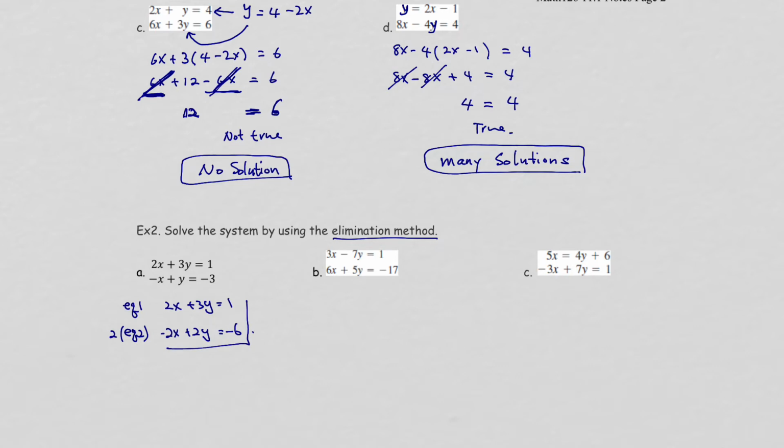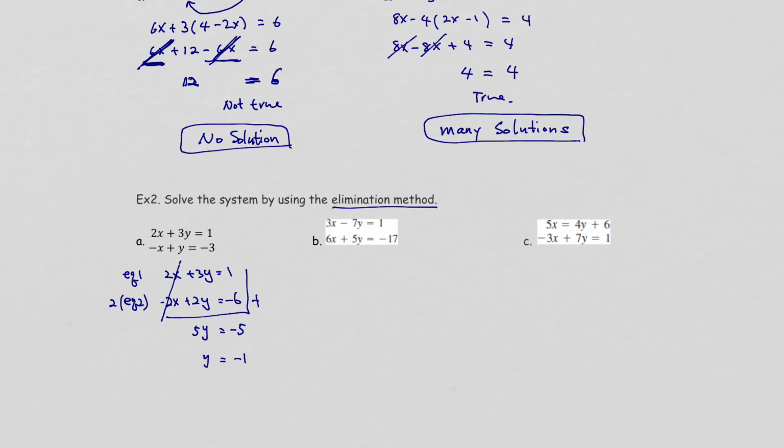And when I'm adding those two equations, x completely cancels out because they're opposite. Y will be 5y. The other side will be 1 plus -6, which makes it -5. When you divide both sides by 5, my y will be -1.